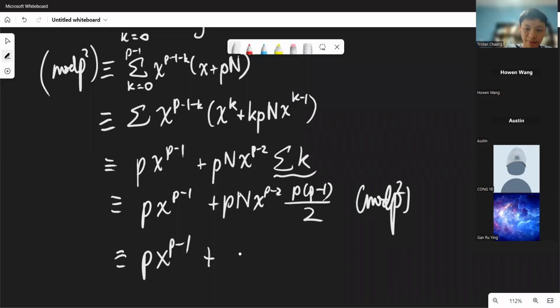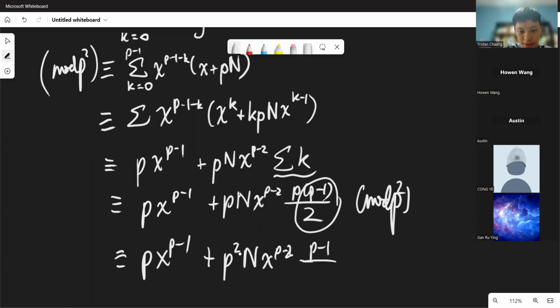That means in this fraction, we just have to write this thing as an integer. And then we can take the p outside here, p squared and x to the p minus 2, and then p minus 1 over 2, because that's an integer. So this is a multiple of p squared. We don't have to even look at it now. Mod p squared is just 0.